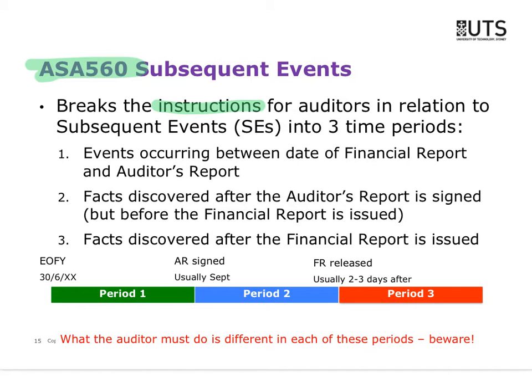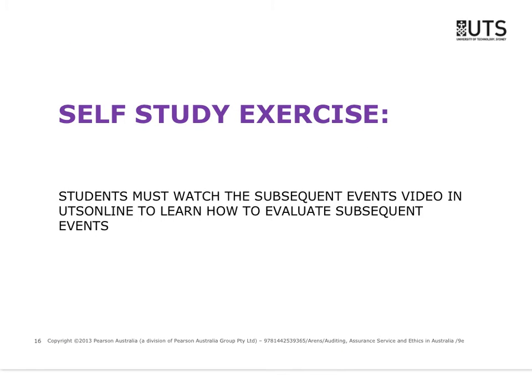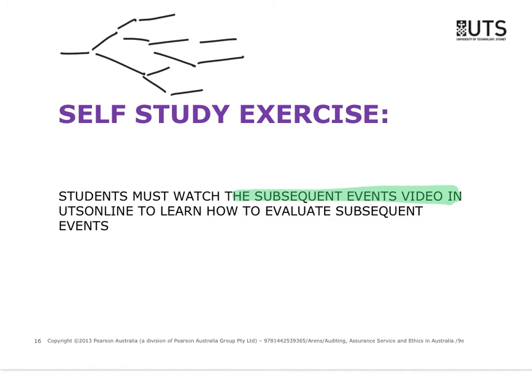So what I'm going to get you to do is watch a subsequent events video on UTS Online. I draw this big spider diagram which says you start here and then you have all these different choices of what to do and different outcomes. So you have this big diagram within the YouTube clip that shows you what to do. Follow the video.